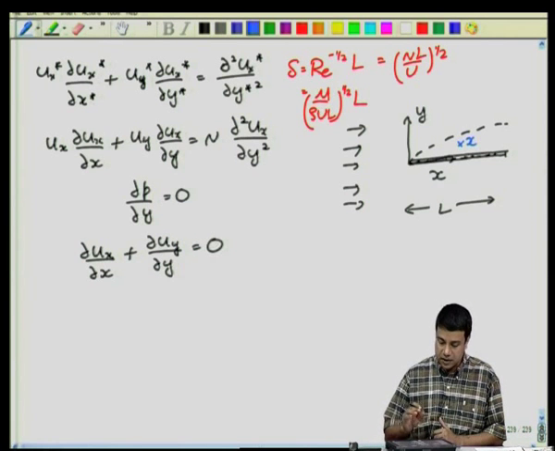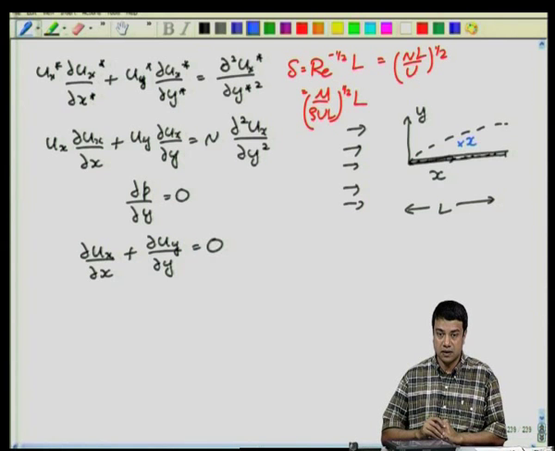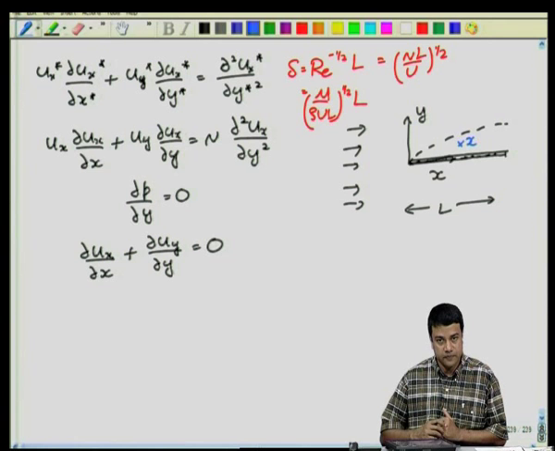Therefore, the velocity field at this particular location x cannot depend upon L, it has to depend only upon x, the distance from the upstream edge, because we have located our coordinate system at the upstream edge.